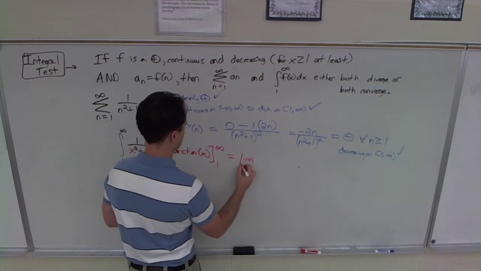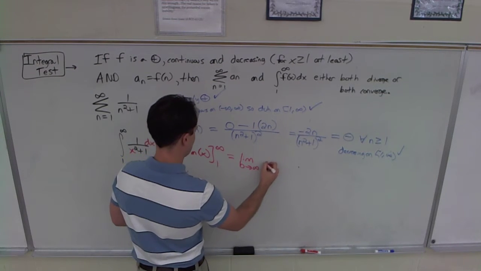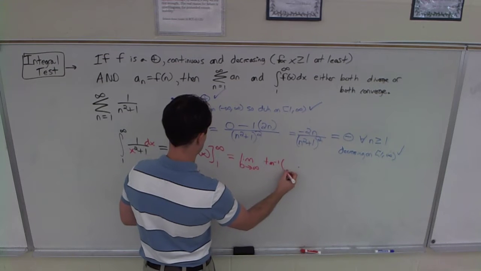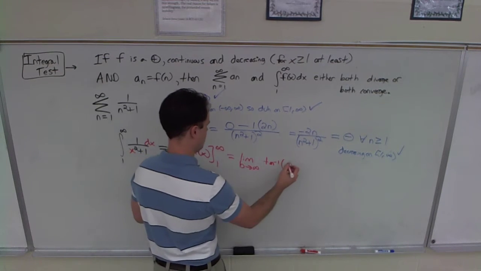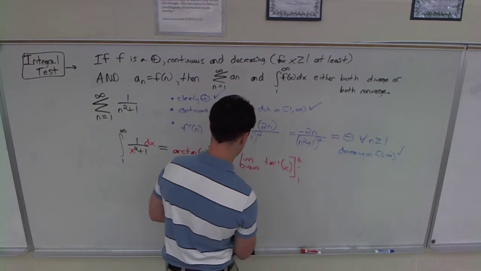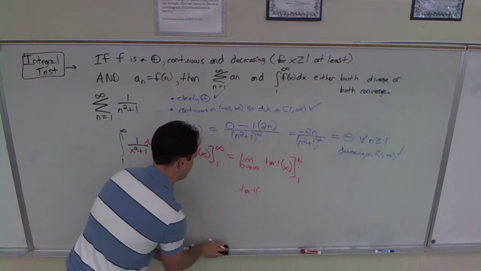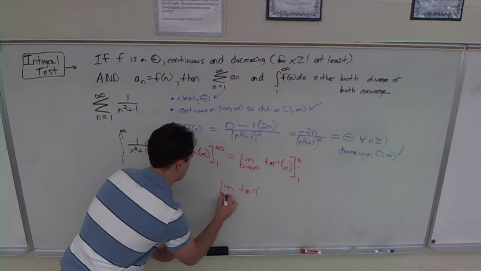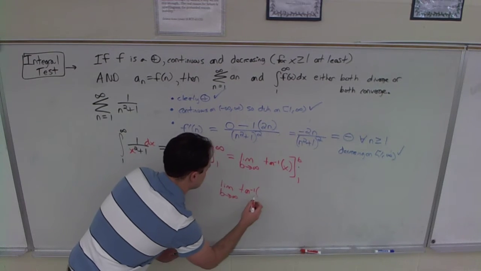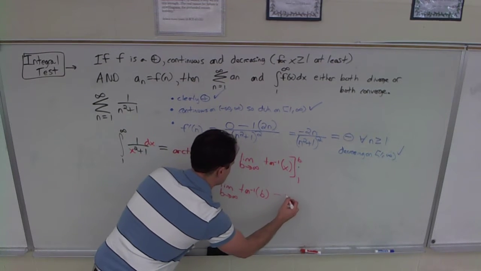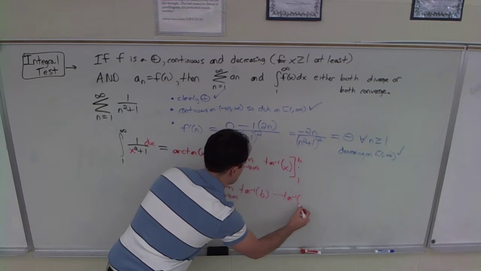So the limit as b approaches infinity of inverse tangent of x from 1 to b. It's going to be inverse tangent of b minus inverse tangent of 1.